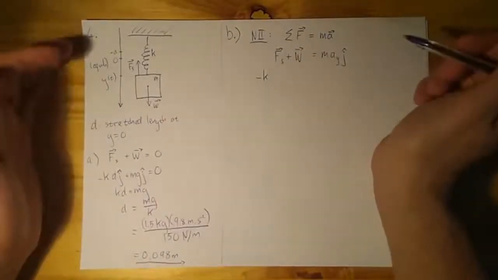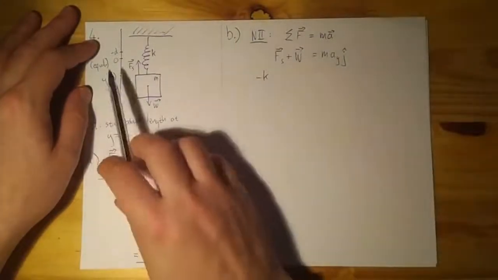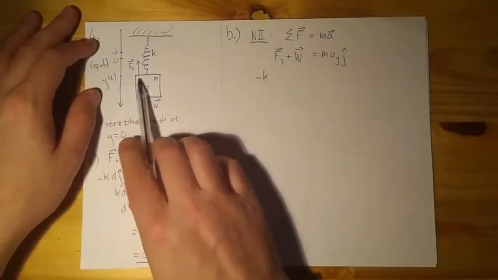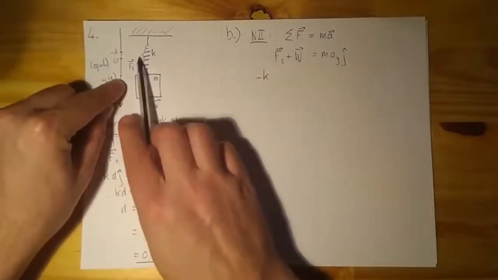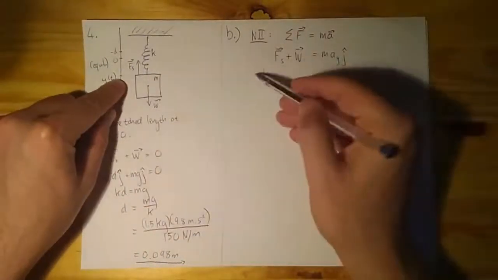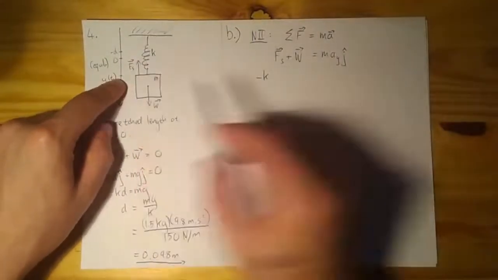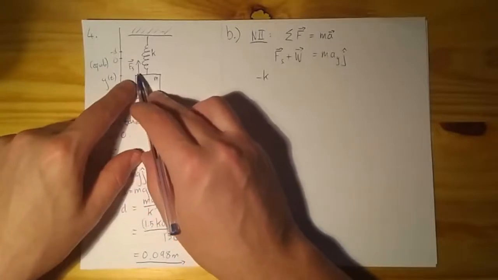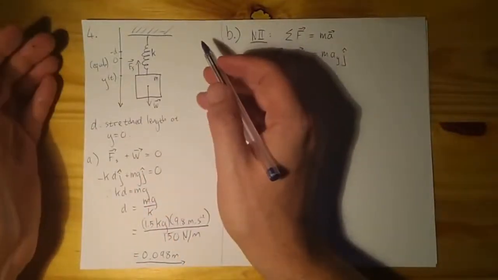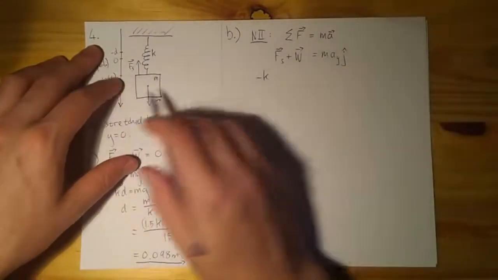Okay, now here you've got to be careful. For this y value here, when the block is here, what is the upward force? It's going to be minus because it's in the upward direction, if y is greater than minus d, actually.